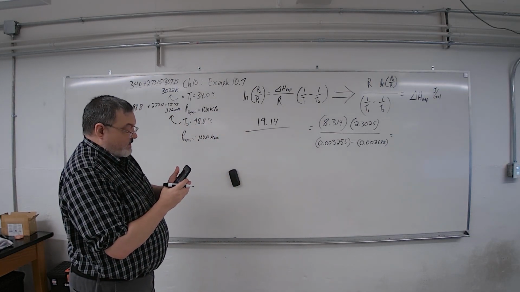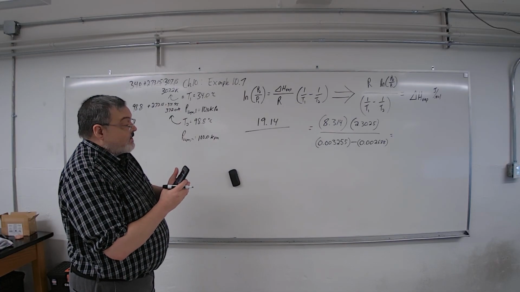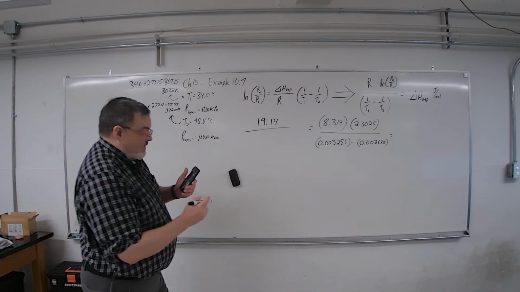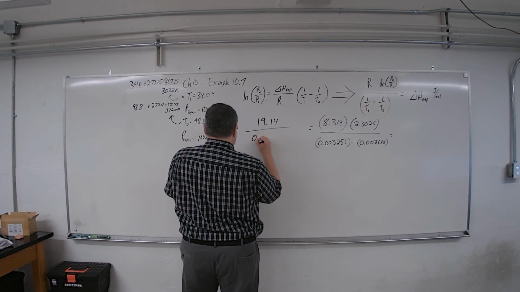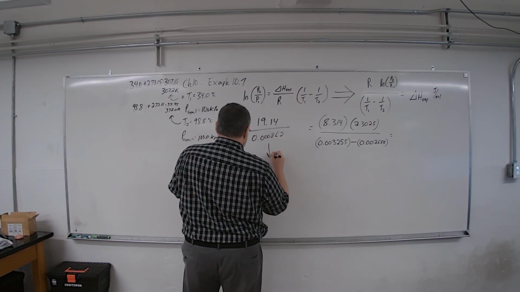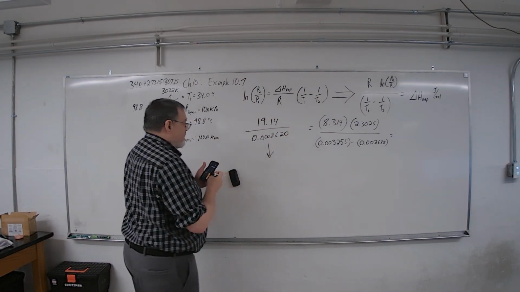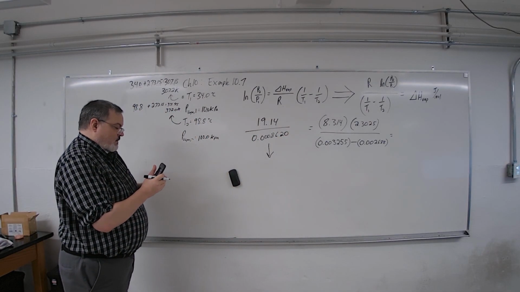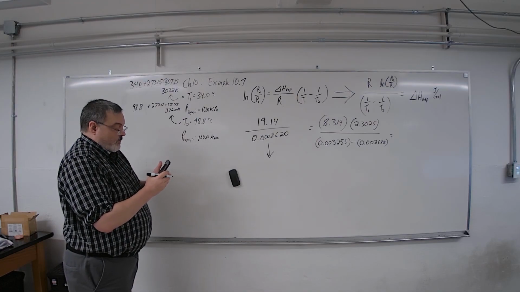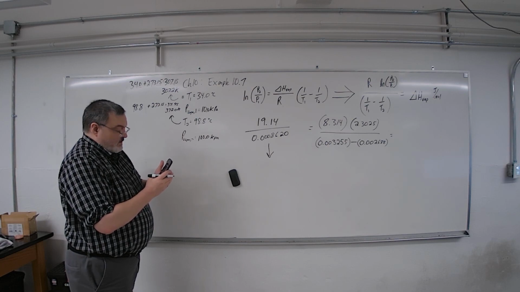And then the denominator, 0.003255 minus 0.002688. And then to finish it out, 19.14 divided by 0.00862.